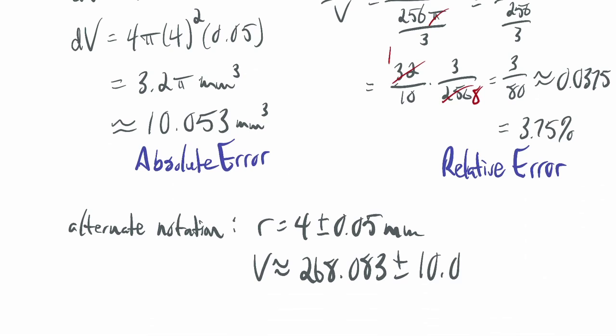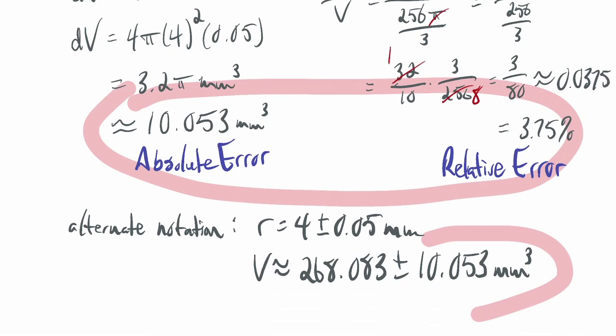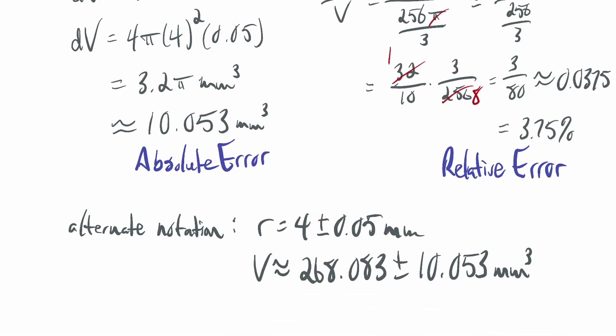And that's cubic millimeters. So one way to express the error is in these terms, and another way to express the error is in these terms, but they really mean the same thing. Same information is there. All right, that's the video.